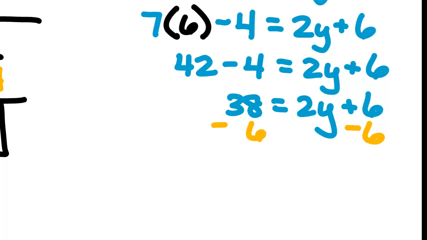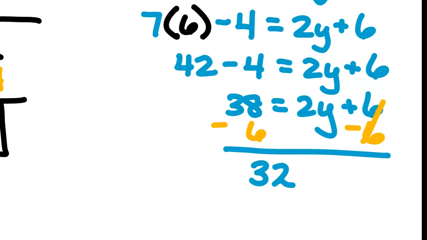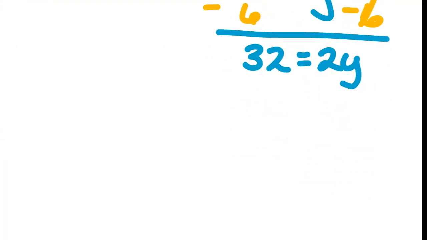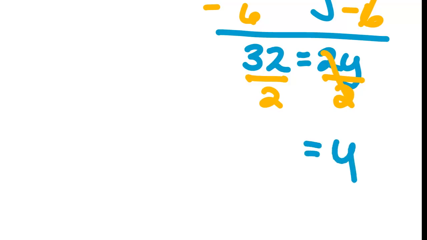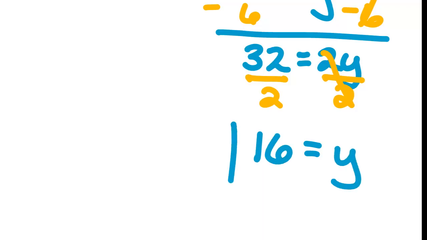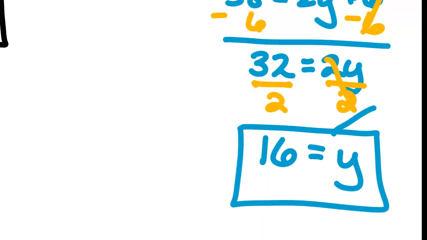Subtract 6 from both sides. I get that 32 is equal to 2y. Divide both sides by 2. And y is how big? 16. Beautiful work.